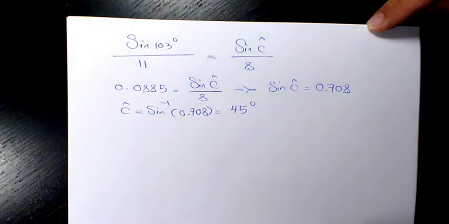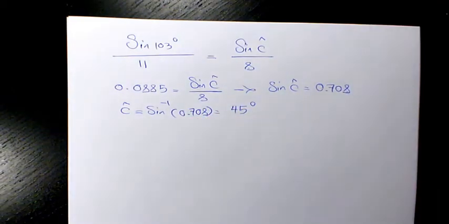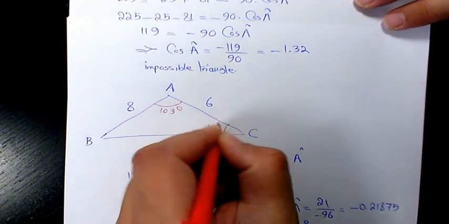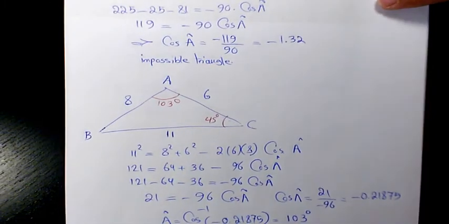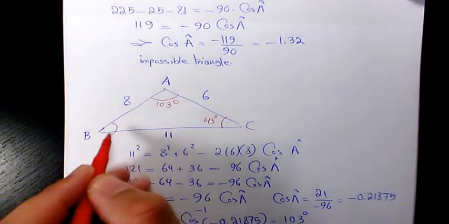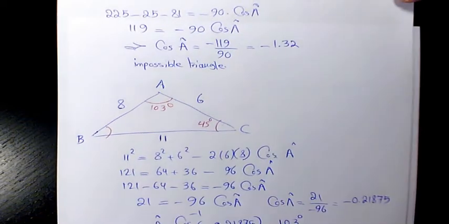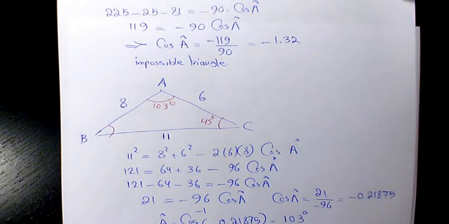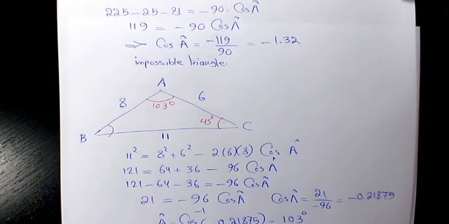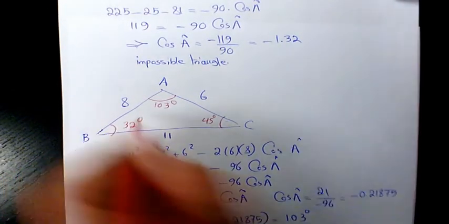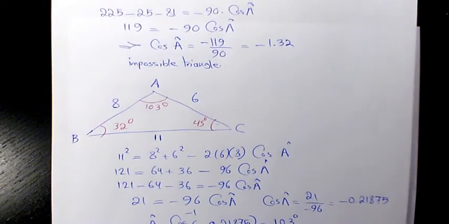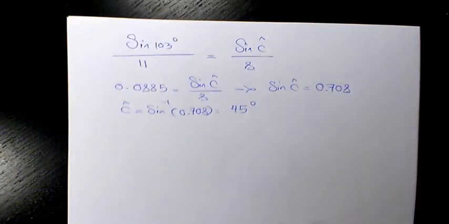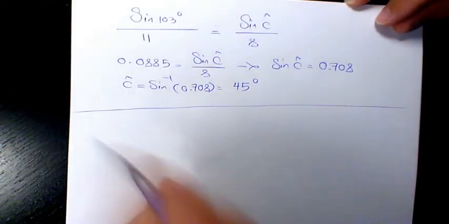It's going to be 45 degrees. So C is going to be 45 degrees. And finally, angle B: we know all these three angles together is going to be 180. So 180 subtract 103 subtract 45 is going to give me 32 degrees. So now the whole triangle is solved. Let's see next example.